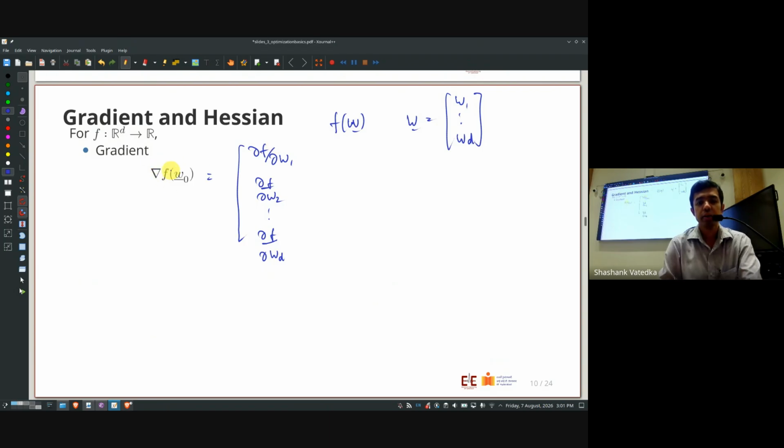So when I say gradient of f evaluated at w0, it means that you take the partial derivative of f with respect to w1, and this function is evaluated at the point vector w0. So for instance, if I have a function f of w equal to w1 w2, what is the gradient?